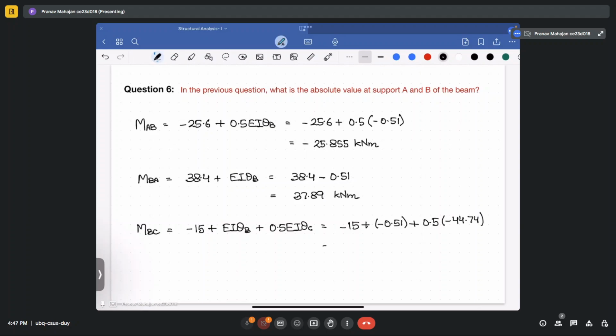Solving that, you will get minus 37.89 kilonewton meter. And MCB, as we have already written, will be equal to 0. So now you have all the moments. We can even draw the bending moment diagram for this continuous beam. Okay, so this is how we solve problems related to beams using the slope deflection method.